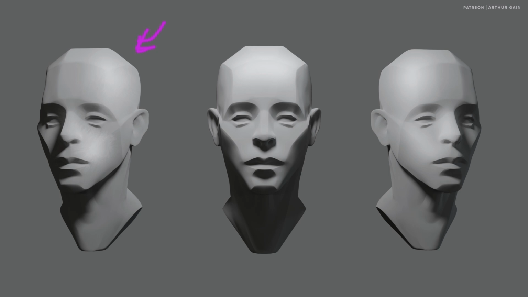The same idea, you can describe the form with the cast shadow of the nose very easily and very quickly.